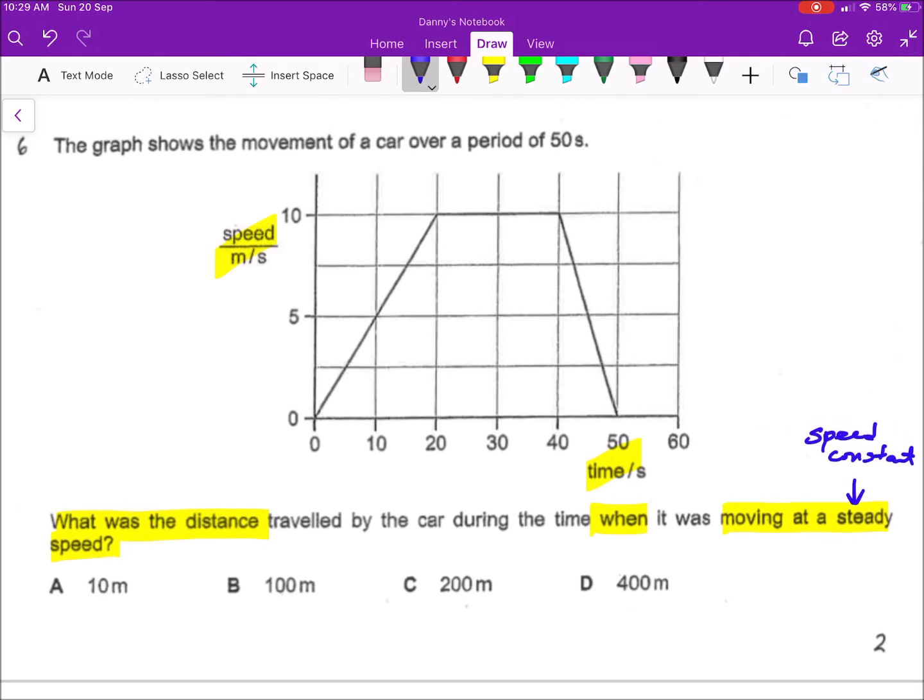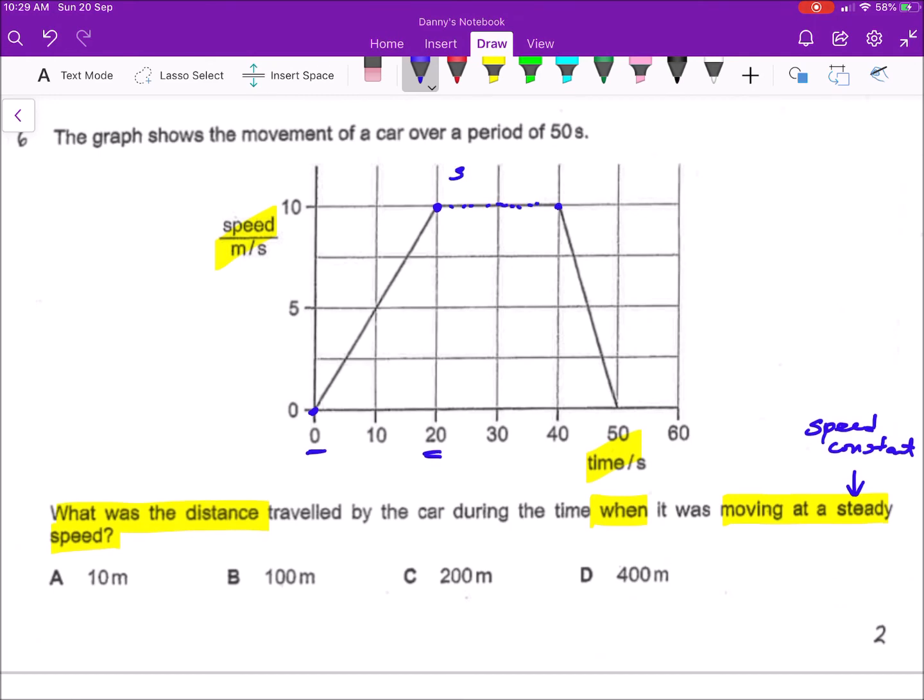If you look at your speed time graph from t equals 0 to t equals 20, you can see that your speed is rising. This rising speed does not mean that the speed is constant. If you look at 20 to 40, you can see that the speed is remaining at 10. This is what we call a steady speed, or a constant speed.